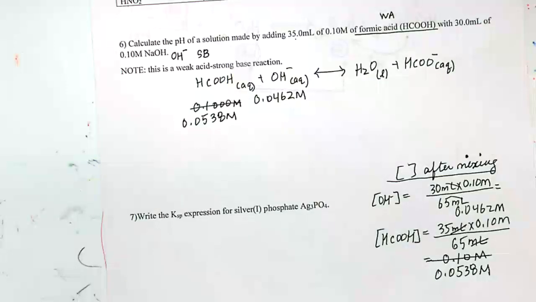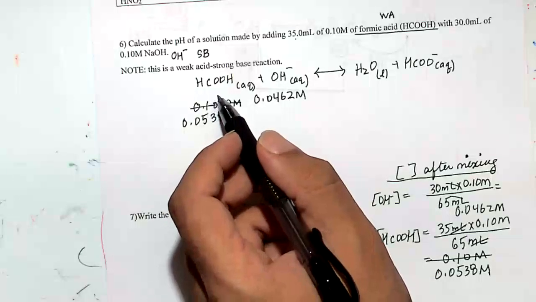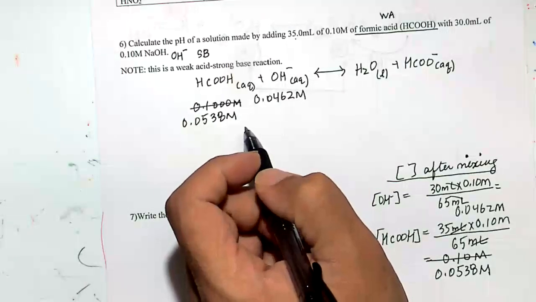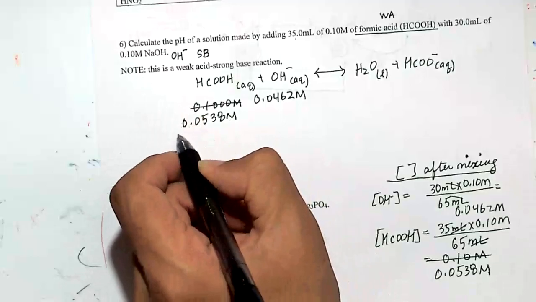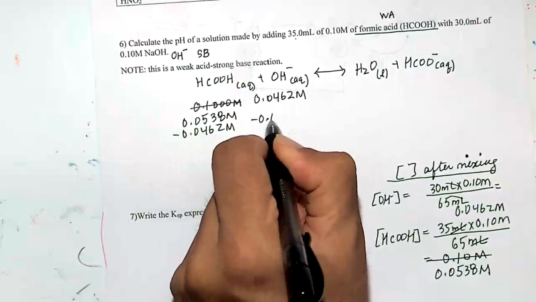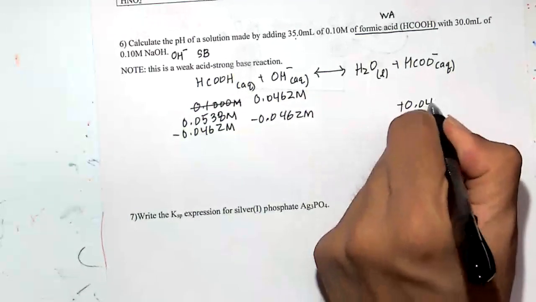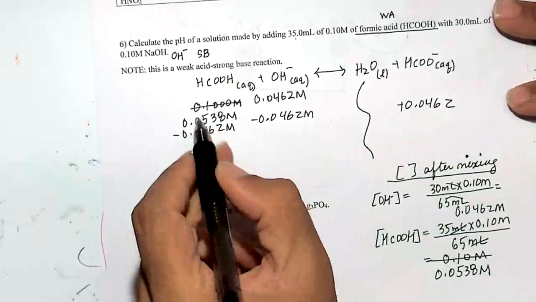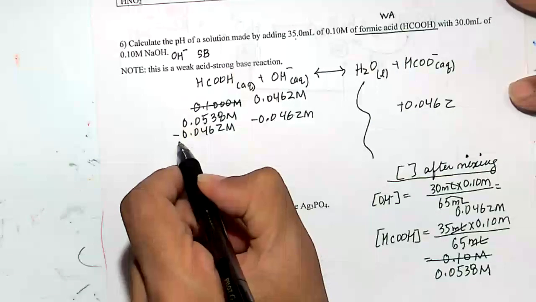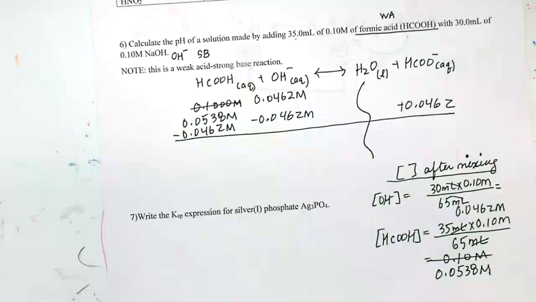And you did. All right, how much of the strong base will take up this weak acid? All of it, yes. 0.0462, 0.0462 plus 0.0462. Let's see here.